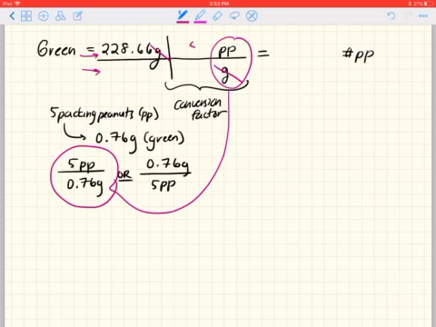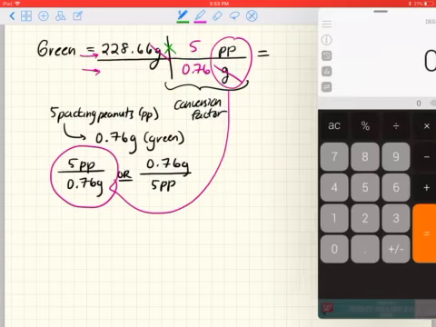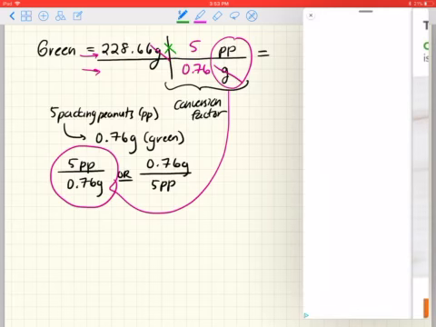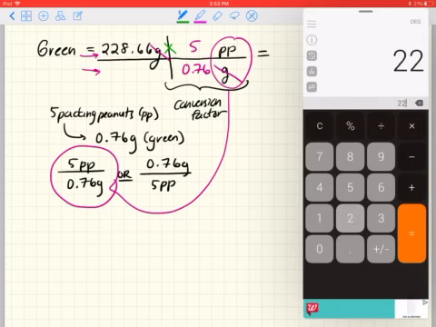So I'm going to put my 5 packing peanuts on top, 0.76 grams on the bottom, and now I am ready to actually do the math, which involves multiplying everything on top, so this is basically a multiplication sign, and dividing by whatever's on the bottom. So to do that, you have 228.66 times 5 divided by the bottom number, which is 0.76.